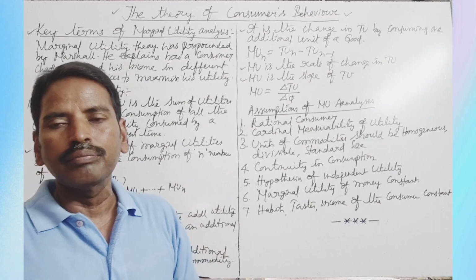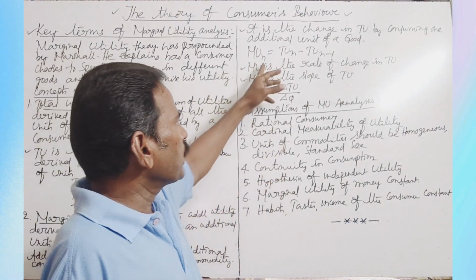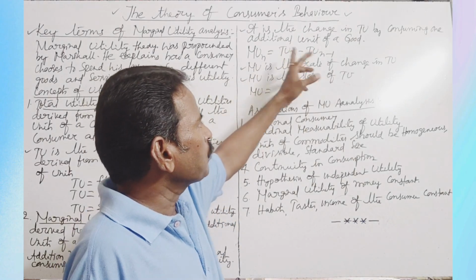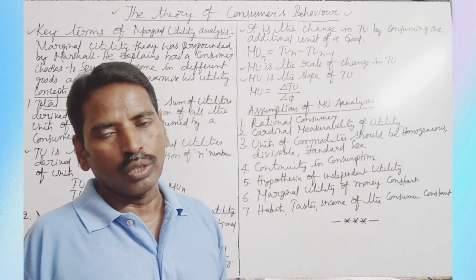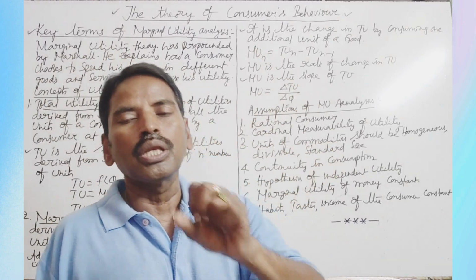So MUn is equal to TUn minus TUn minus 1. This is one formula to calculate marginal utility.